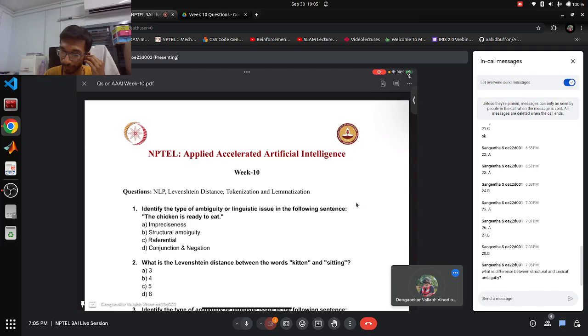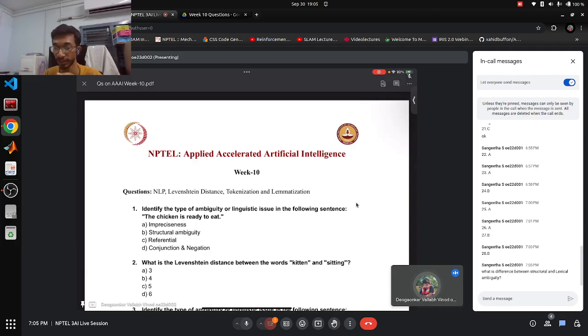So the main difference between structural and lexical ambiguity is that lexical ambiguity refers to the ambiguity between words having different meanings, whereas structural ambiguity refers to the arrangement of words, the sentence itself having two different meanings, a group of words together leading to a different meaning for the sentence.